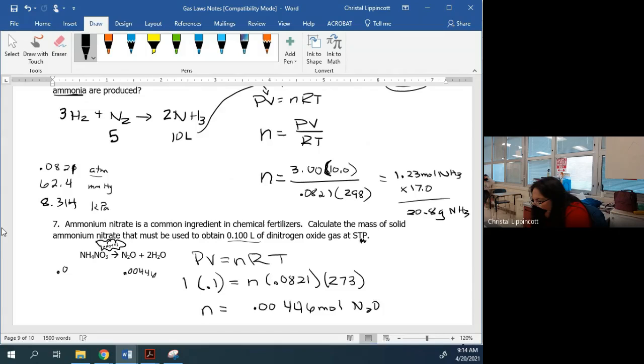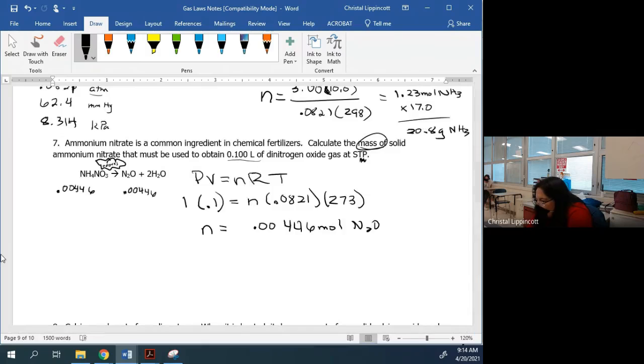This guy is going to be 0.00446. If they want to know what mass I need, this is moles, so I need to turn that into mass.